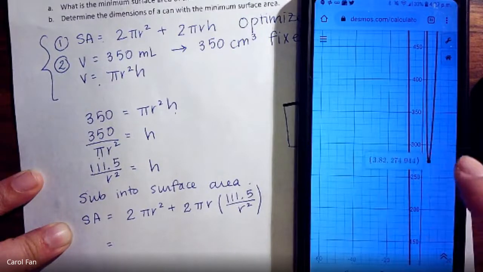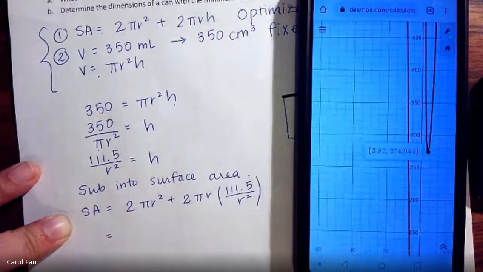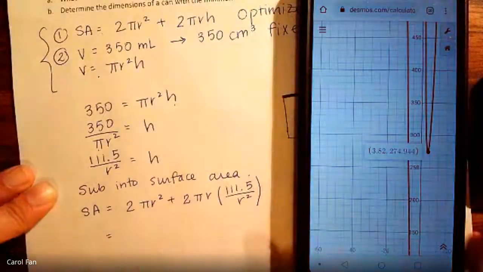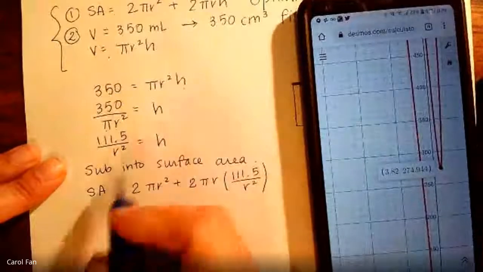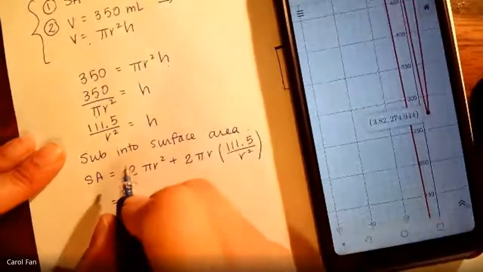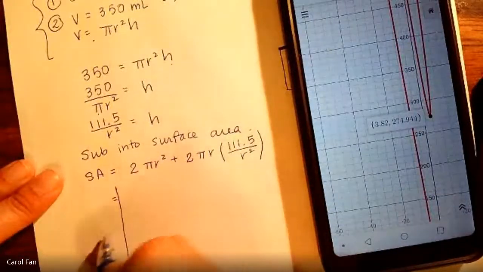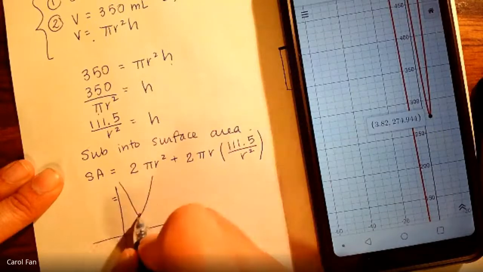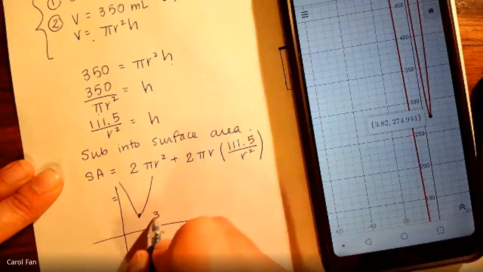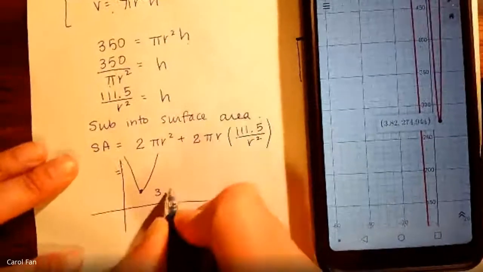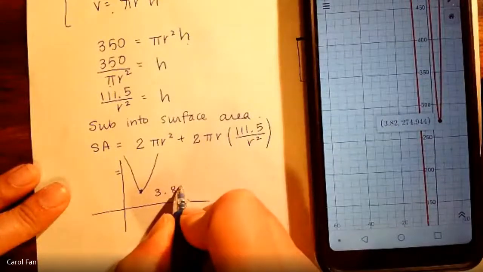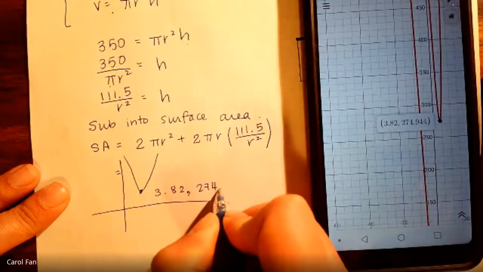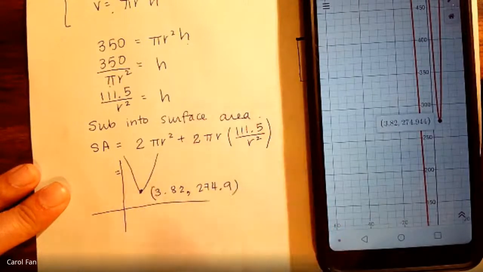So we see that our minimum, let's write that down. I'm going to sketch just the first quadrant. In the first quadrant, I have a minimum value, and it's 3.82 and 274.9.